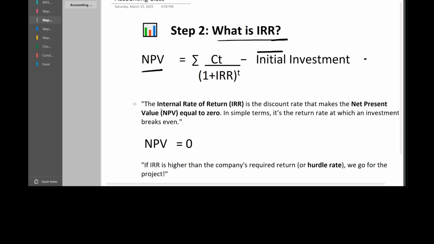This is the discount rate that makes the net present value equal to zero. This is what they call the break even. This is the rate of return that will lead you to break even, meaning your net present value equals zero. And this is the formula.